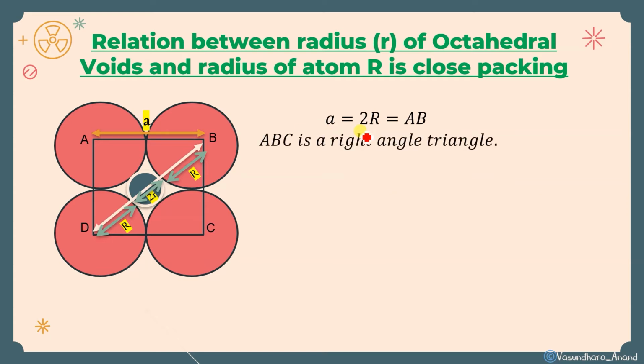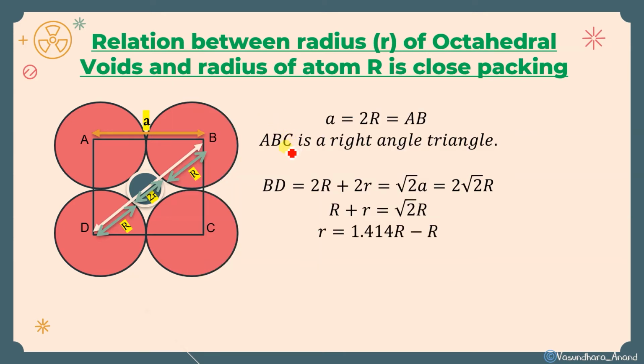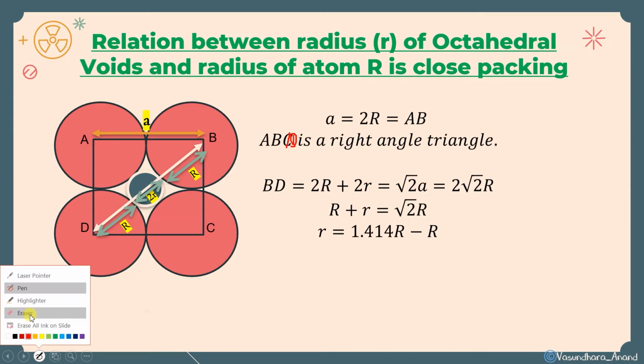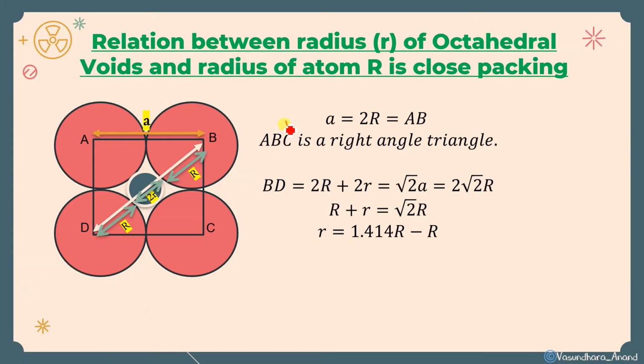Next, if you see that ABC is a right angle triangle, then in this it should not be C, it will be ABD. Let me consider it as ABD.